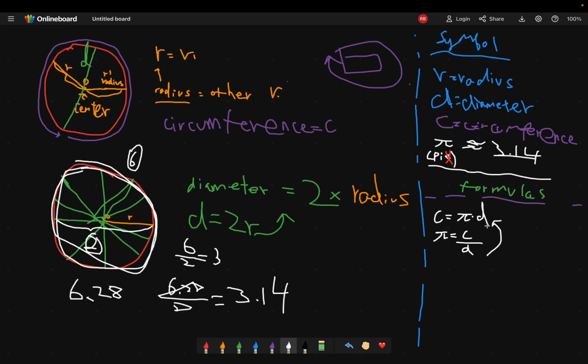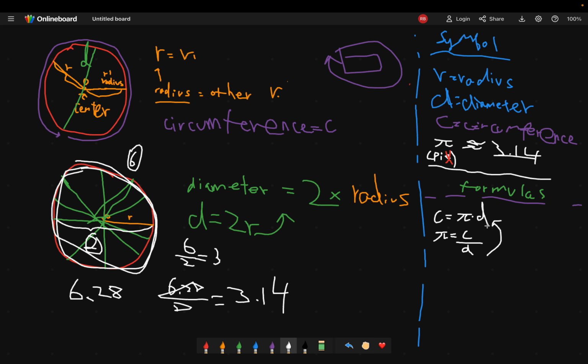Pi times diameter equals circumference. There you have it. When your teacher, or BrainPOP, IXL, Khan Academy, whatever platform asks you, what is the circumference? You can say with proud confidence, pi times diameter.